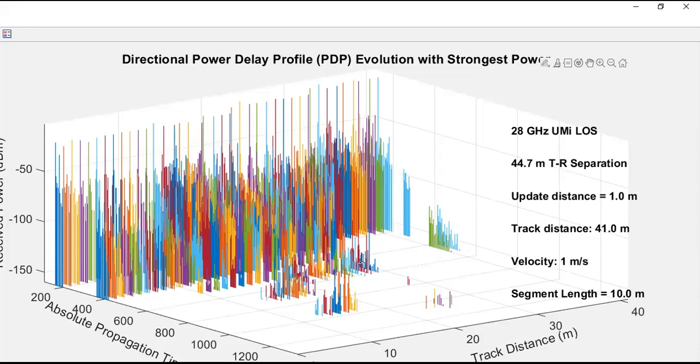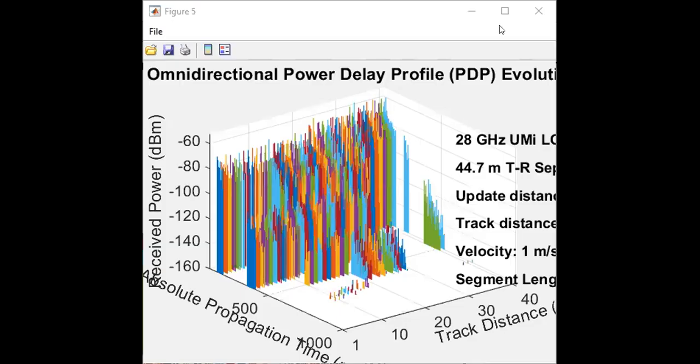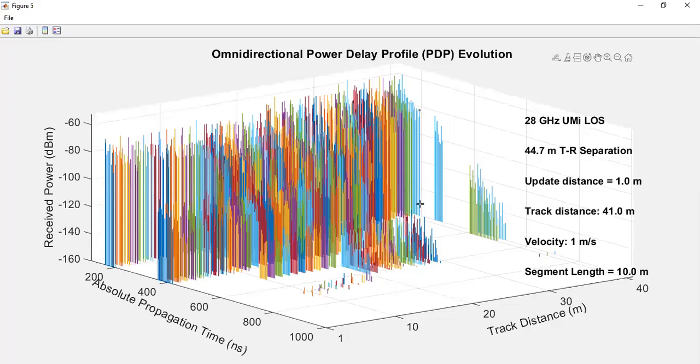I'm not sure which figure you can see because we're sharing. Is it figure 5 or figure 6? Figure 5. Okay.